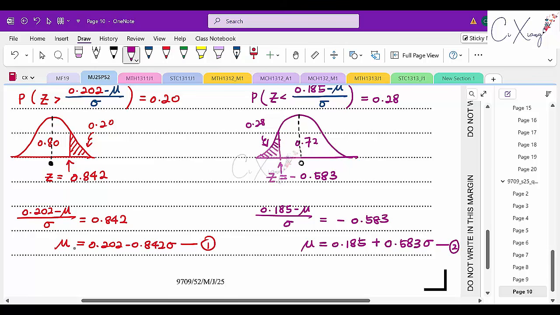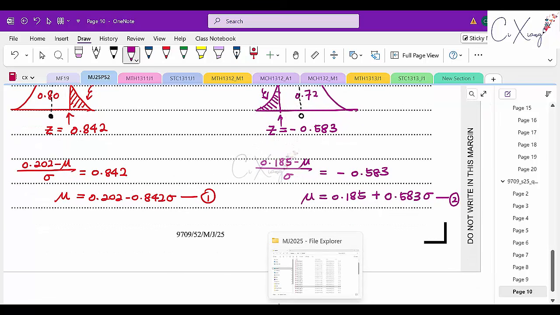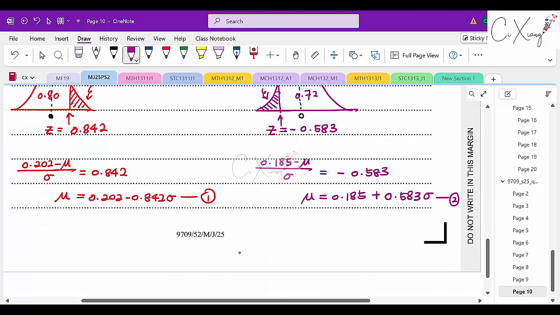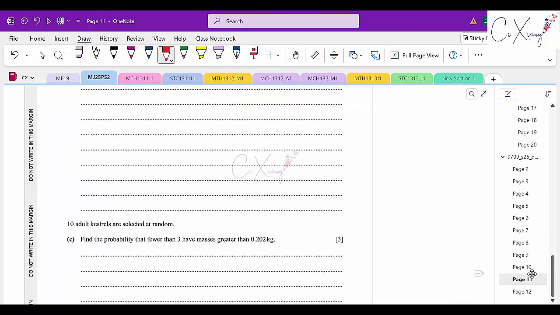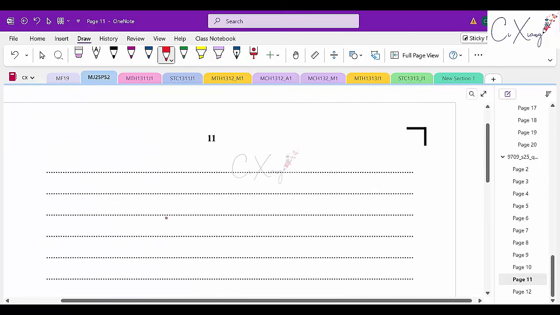Okay, then to get the value for mu and also the sigma, I think you should know, right? You have to solve them simultaneously. Can you please solve them simultaneously on your own? Okay, maybe I just roughly show you. I will let 1 equal to 2.